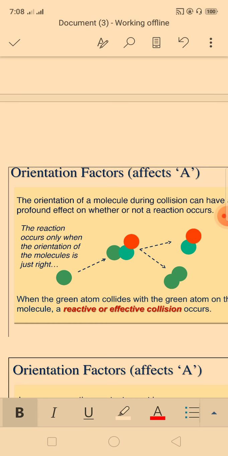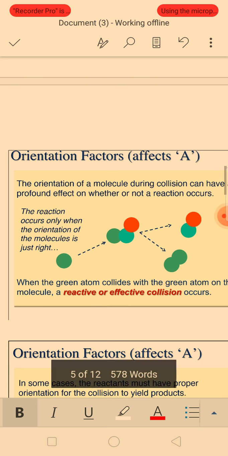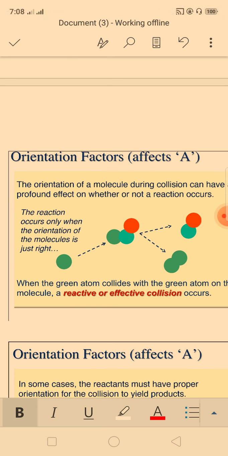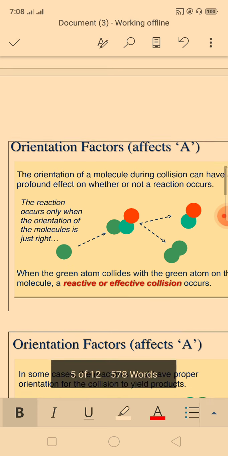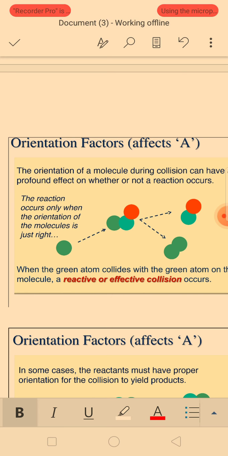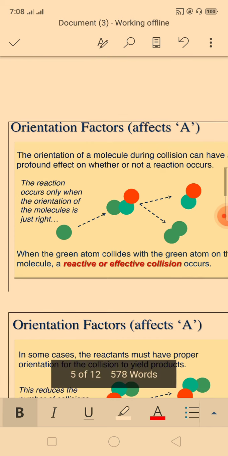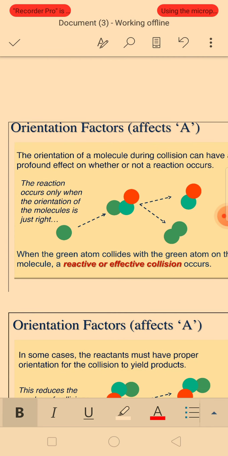The molecules, different atoms, must be properly oriented at their collision point as shown in the diagram. There are balls of red and green colors. If the red ball and green ball are in the same orientation, then effective collision takes place and the reaction can occur.